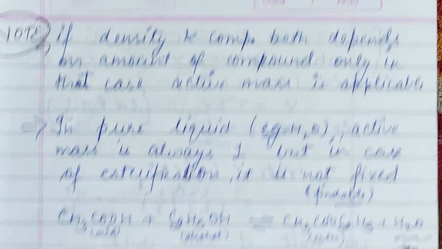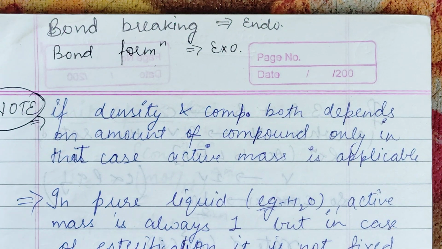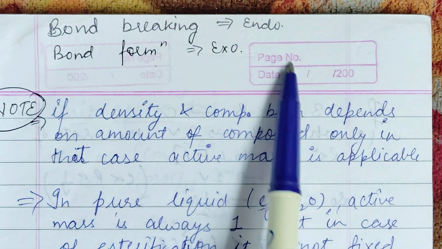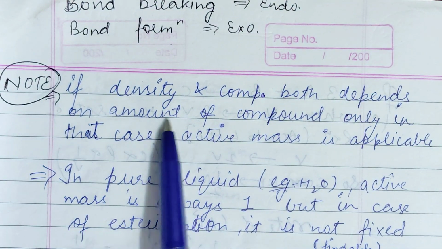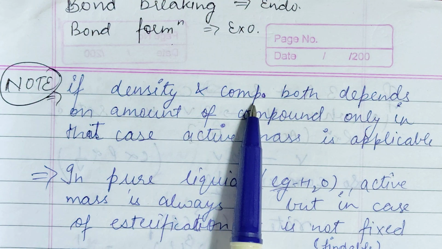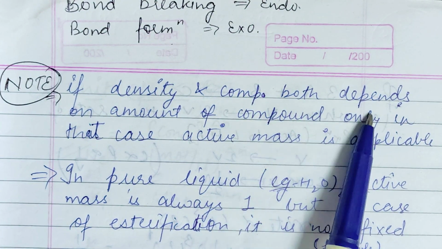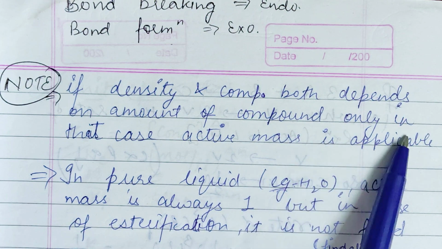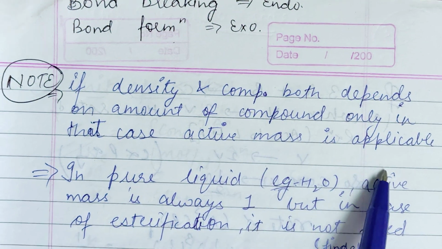Next one is bond breaking. Bond breaking is endothermic, bond formation is exothermic. So note, if density and compressibility both depend on the amount of compound, only in that case is active mass applicable.